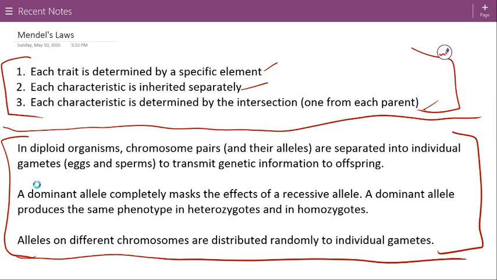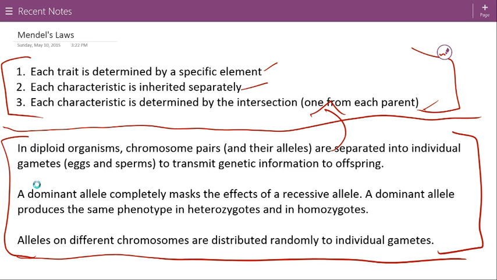Okay, in diploid organisms, organisms that have two sets of chromosomes for every trait, chromosome pairs and their alleles, the different ways that those chromosomes can be expressed, are separated into individual gametes, eggs and sperm cells, and transmitted to transmit genetic information to the offspring. So this one actually kind of goes with number 3.